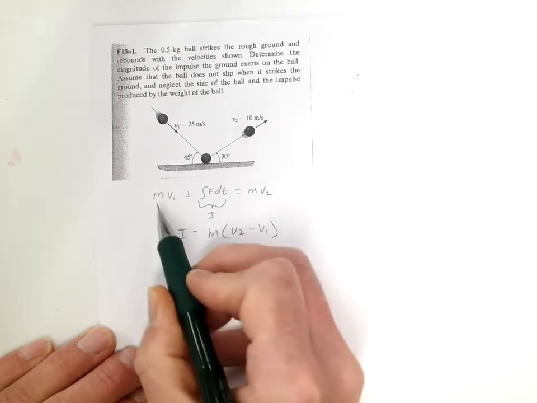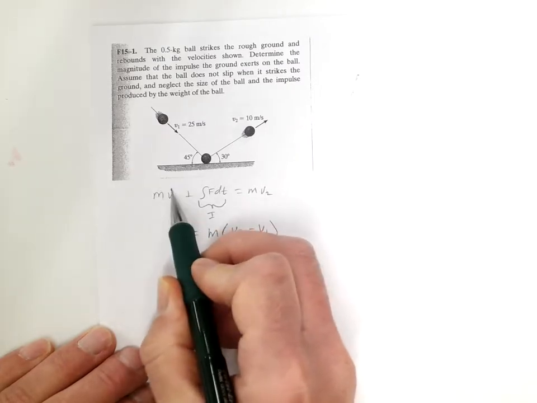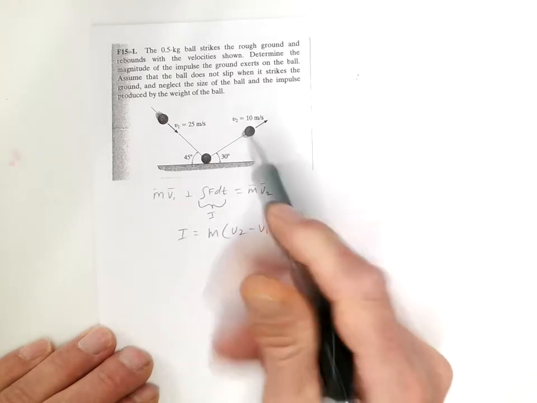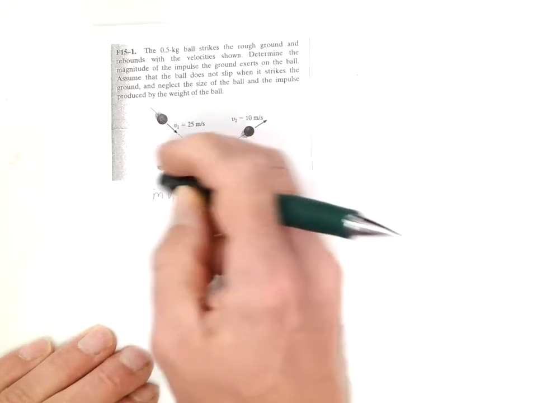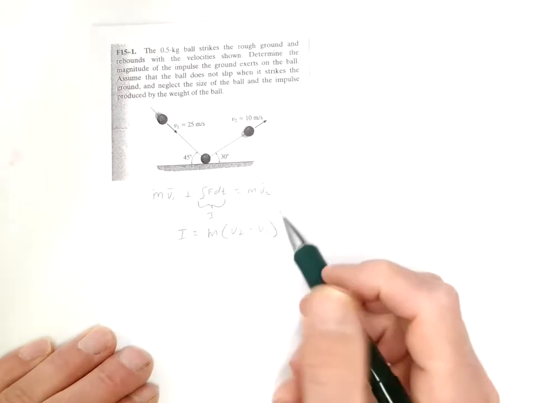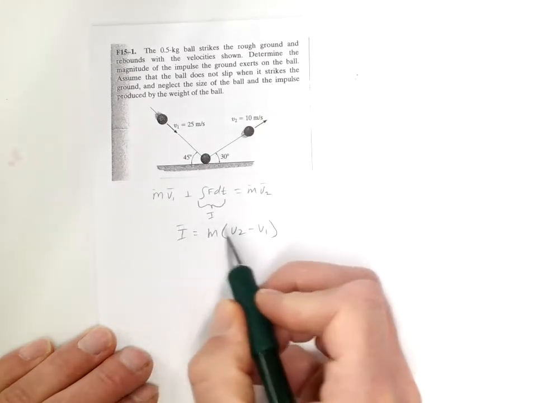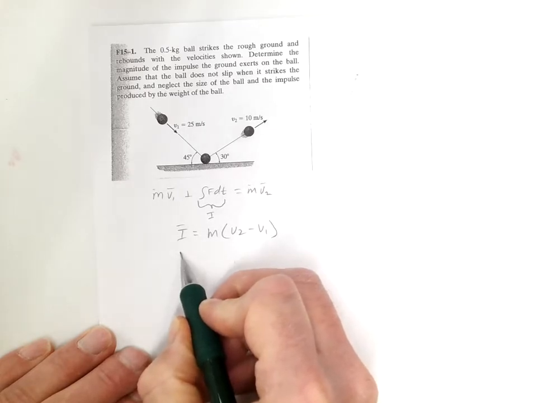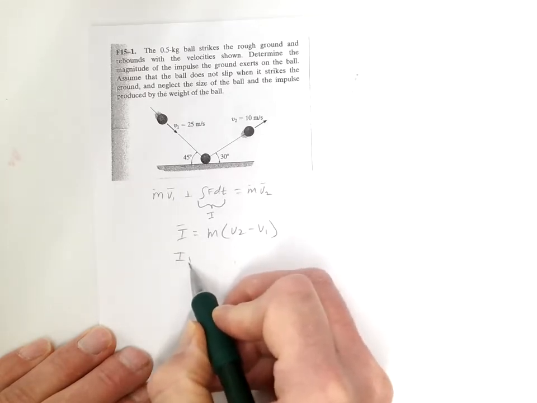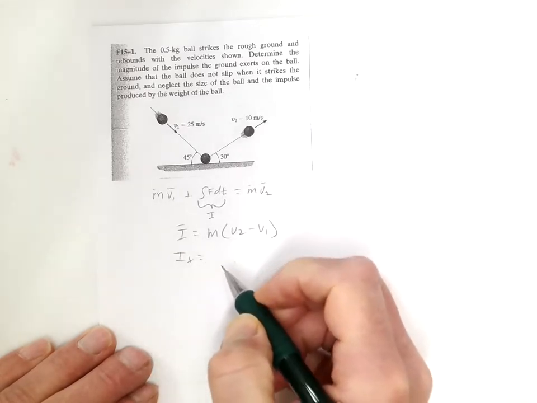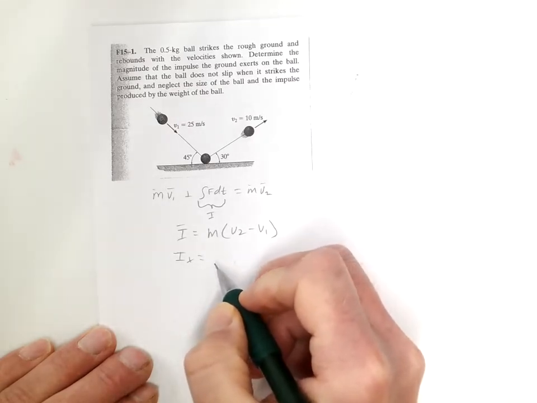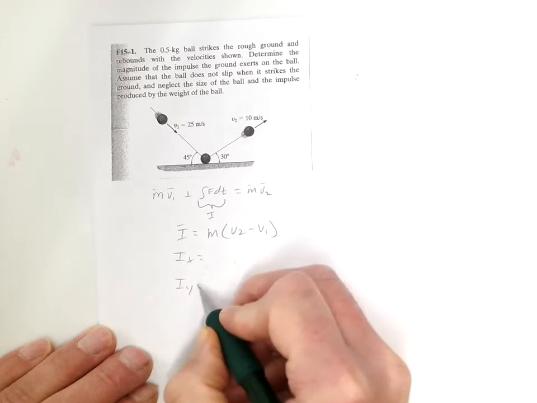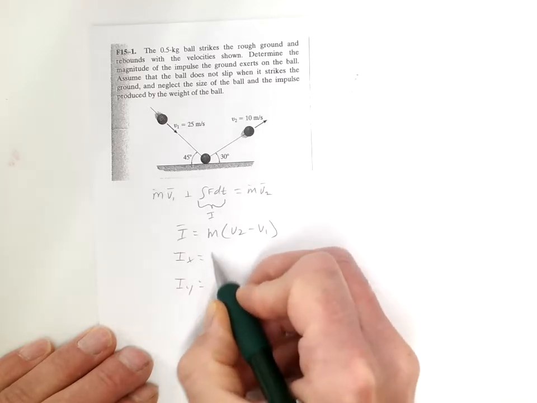Now the impulse is a vector, so we can call these vectors, and we can work in coordinates, so I in the x and I in the y components.